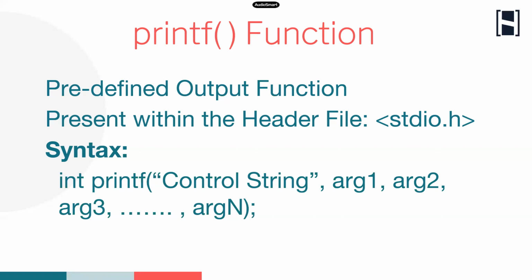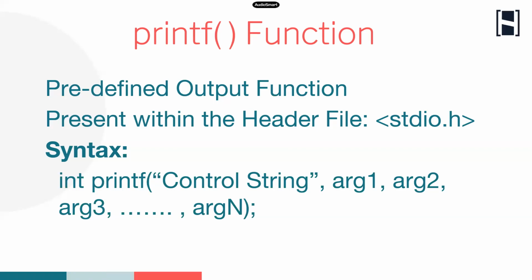Then, followed by a comma, a list of arguments. The arguments here, arg1, arg2, are nothing but our variables. If you want to print the value of a variable as output, then you have to specify the name of that variable, and that is what is given as an argument.